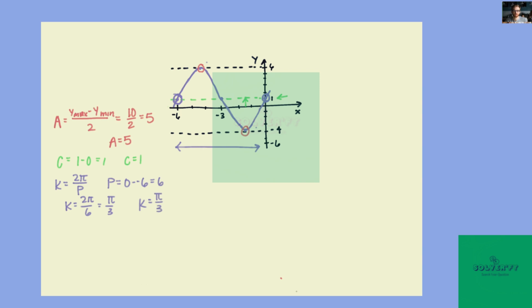And then we just need to find whether this is a sine or cosine graph. So if we think about where this lies, if the function was shifted down 1, like before, it would look something like this. And the y-intercept will occur at x equals 0.